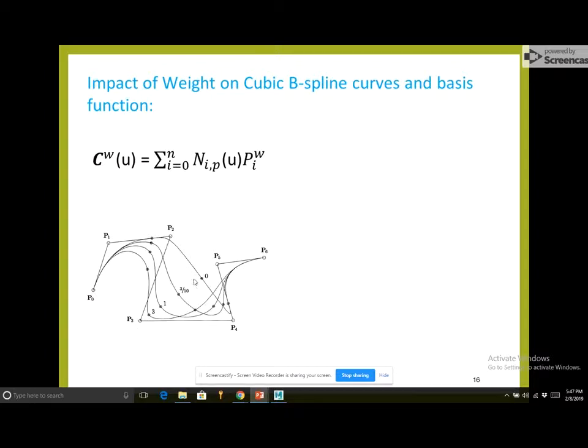If we closely observe, we can understand. Here we can see the curve from P2 moves towards P4, but this control point doesn't have any impact on the curve.